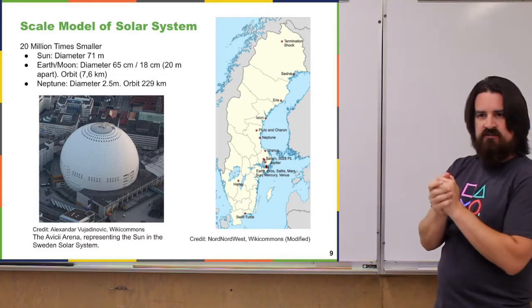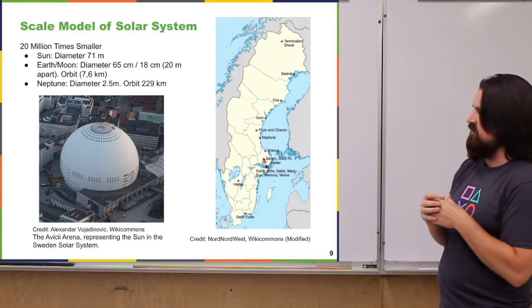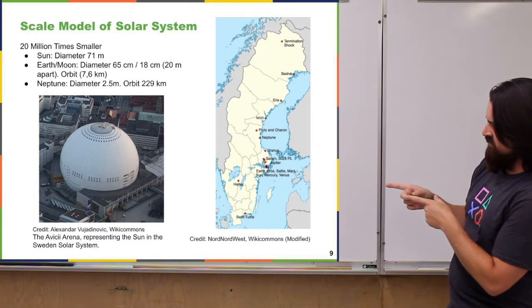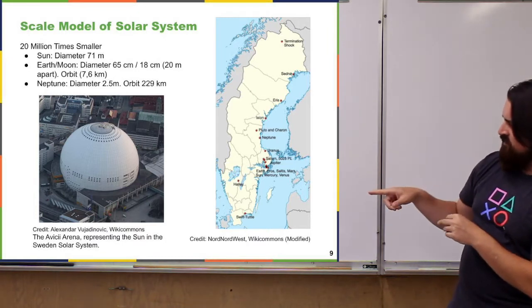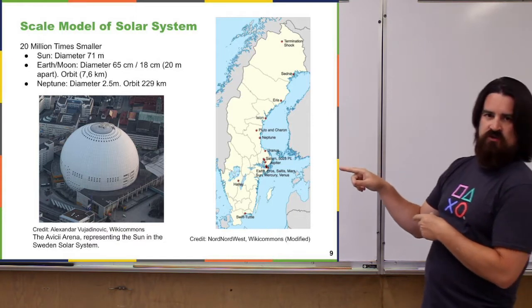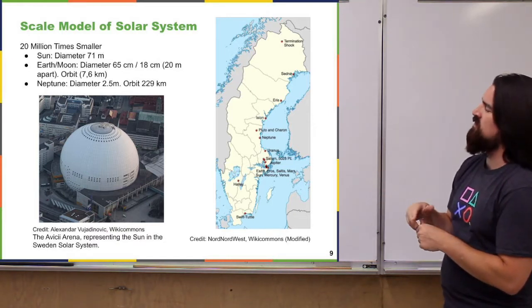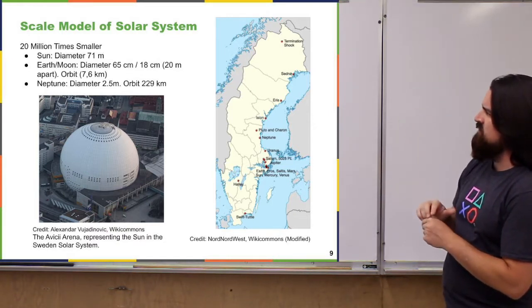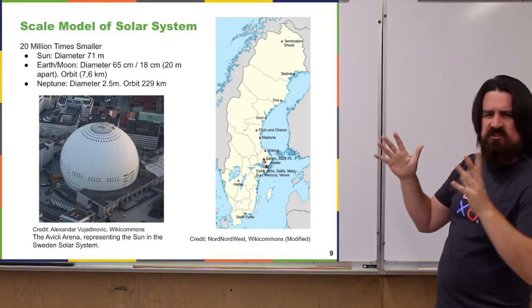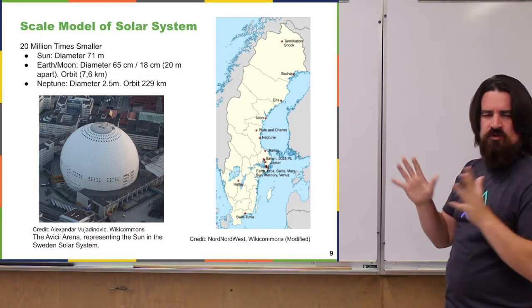So it's shrunk down, but it is to the same scale. The sun, the center of this solar system, is actually an arena. It was renamed in the last few years the Avicii Arena, and that's a picture of it. It's this big spherical arena, a dome sort of thing, and it is 77 meters across, a little over 200 feet.